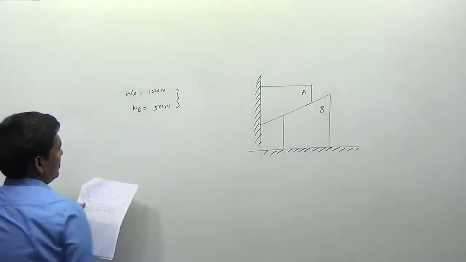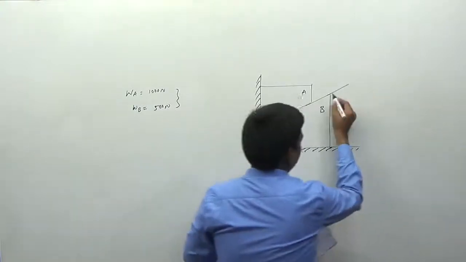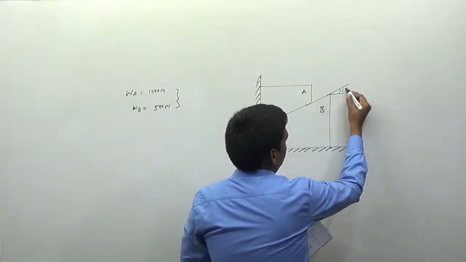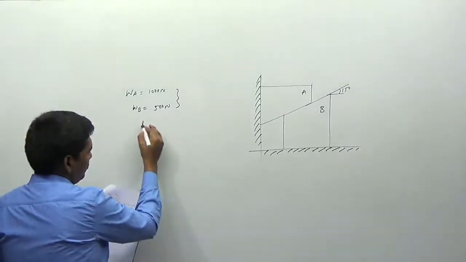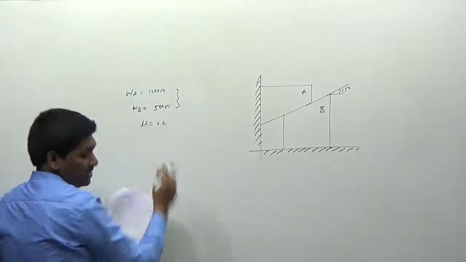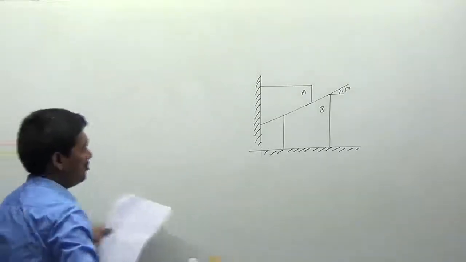This is the angle of the wedge, given as 15 degrees, and the coefficient of friction for all the contact surfaces is 0.2. Reading once again because the letters are very small for me.